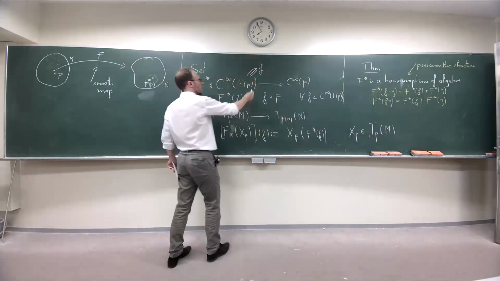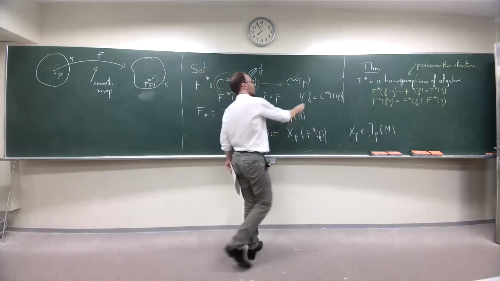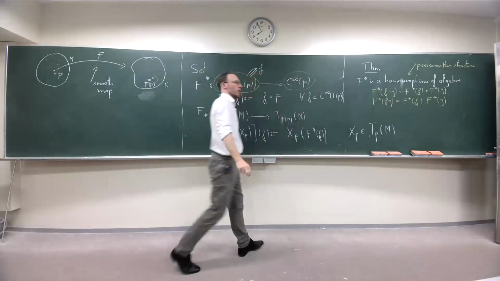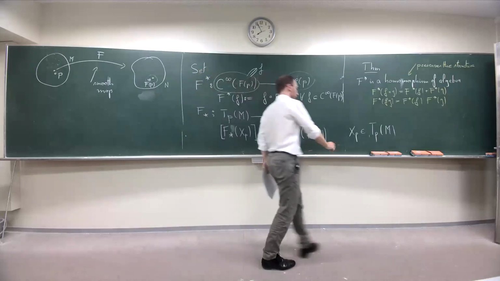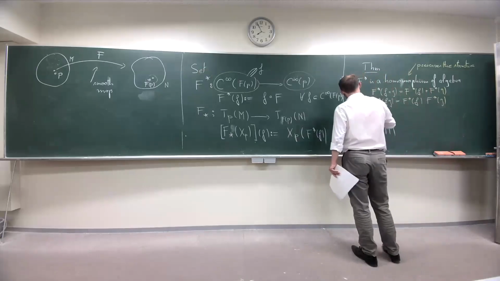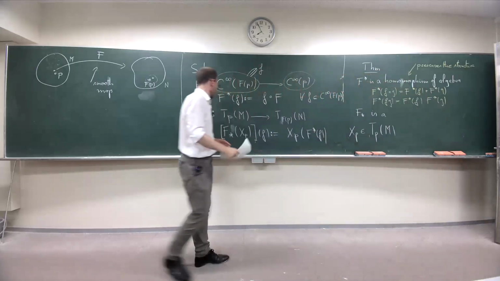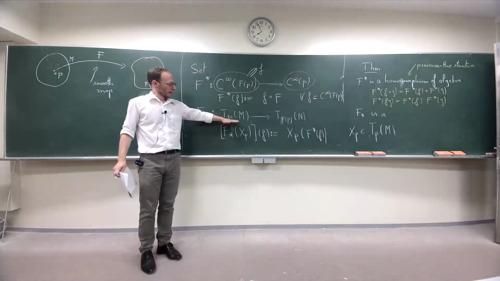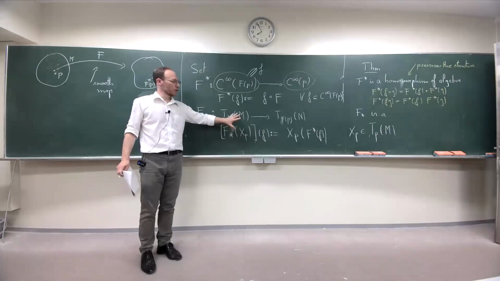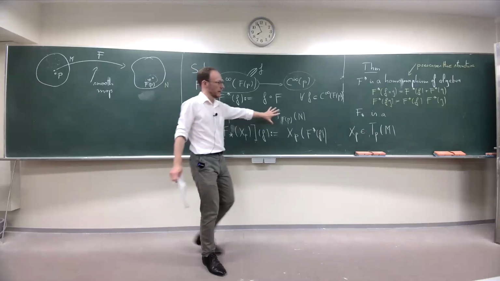Because I told you this is an algebra. You can multiply and you can add elements. I want to check that it takes something here and sends it with the same properties here. Then the second part of the statement, can you guess the second statement? This was a vector space. You have an addition here. So you want to keep the structure of addition of the vector space and send it here.